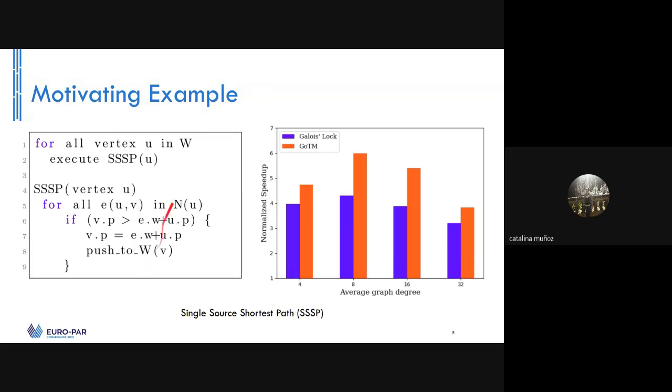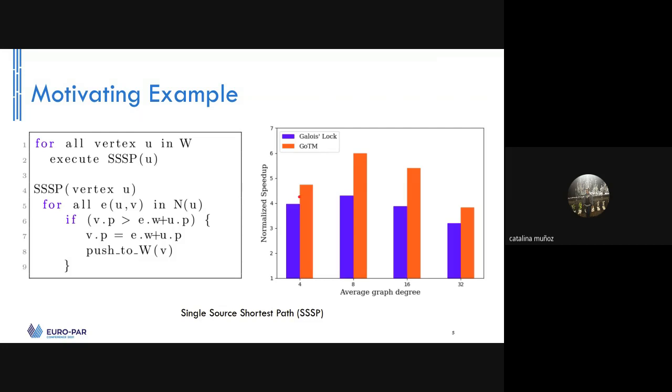So for this particular example, we have our approach, which we call GoTM, and we compare it with Galois locking mechanism. Galois is a C++ library, which is state-of-the-art, very well known for writing parallel graph applications, in general terms, irregular applications.